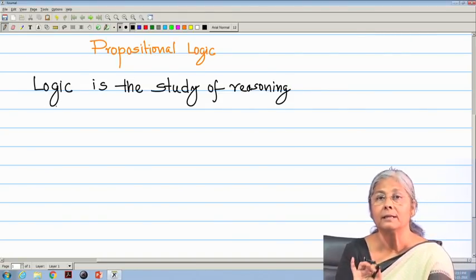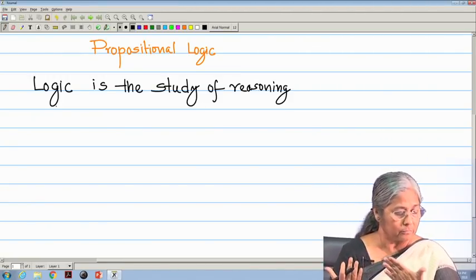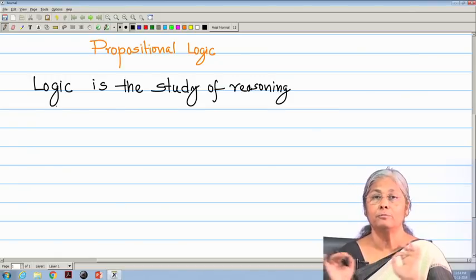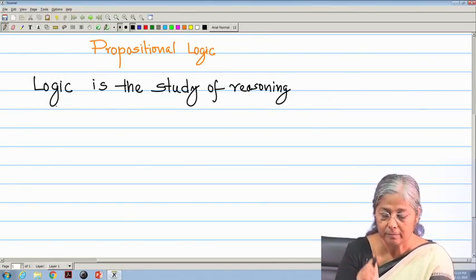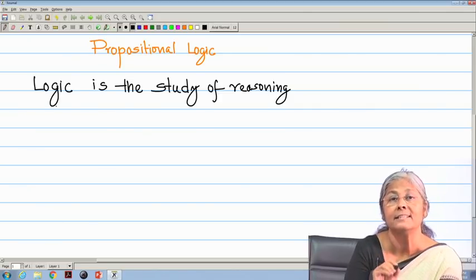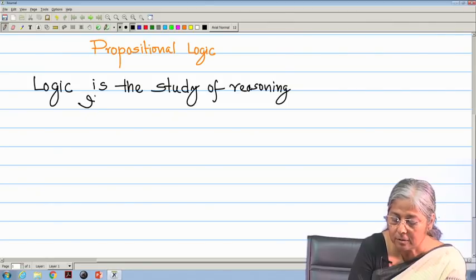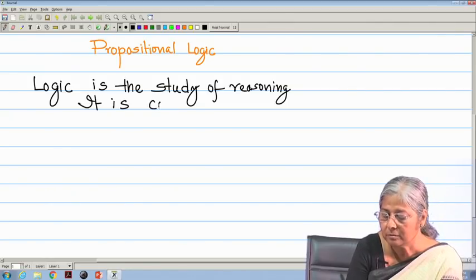It is specifically concerned with the reasoning of two statements, or whether the reasoning is correct or not.